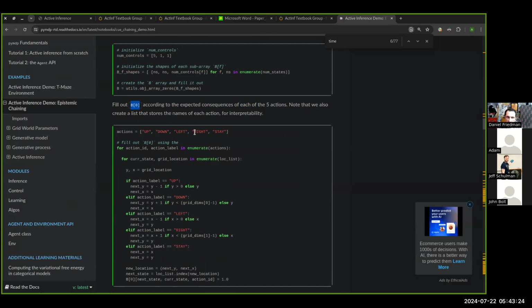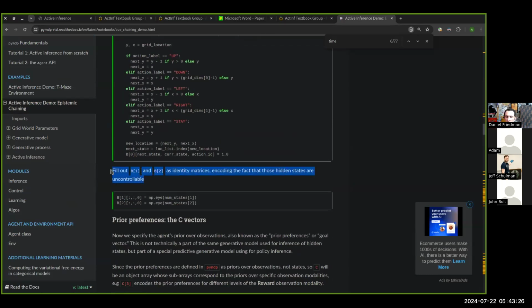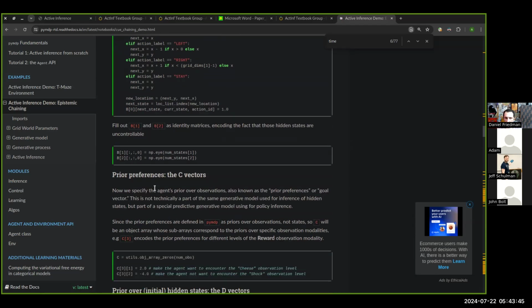Actions should change our location. However, there's no action that the mouse can take to change the cues. And so here, the B variables in that first and second modality are called uncontrollable, because there's no policy that makes a difference for those modalities.